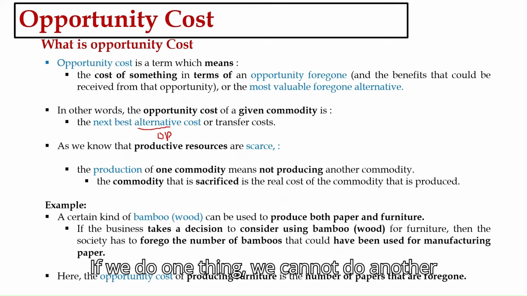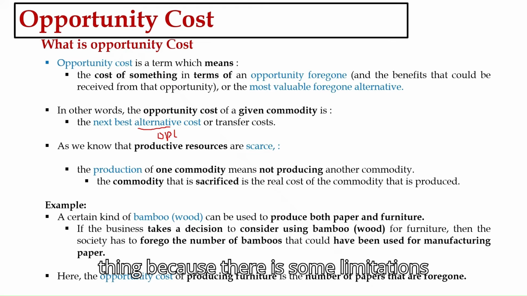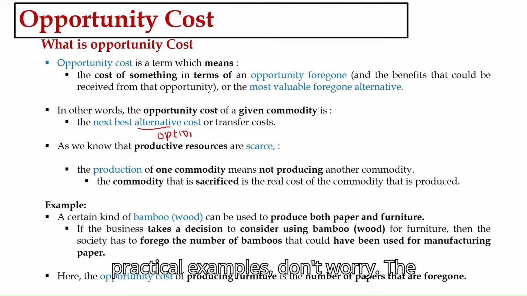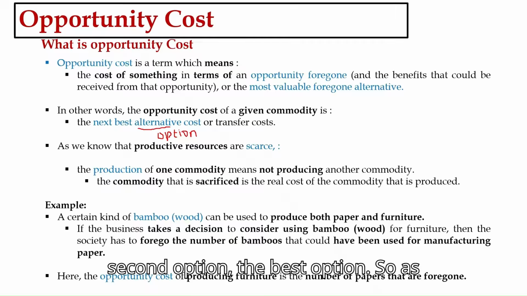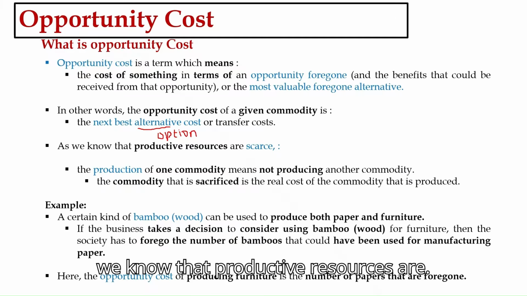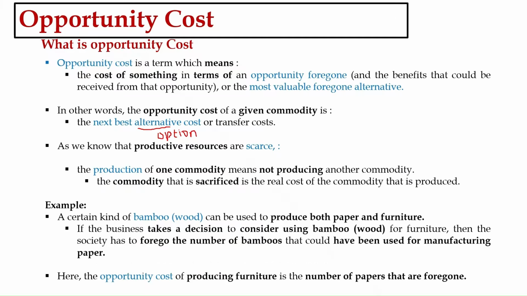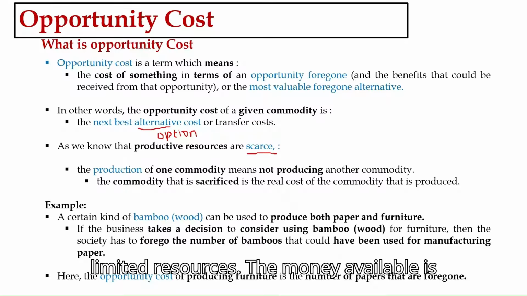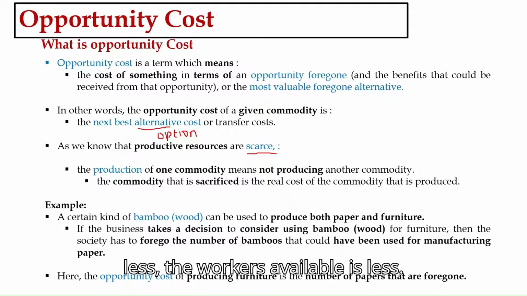If we do one thing, we cannot do another thing because there are limitations of resources. I'll give you practical examples. The second option, the best option. As we know, productive resources are scarce. We have limited resources. The money available is less.